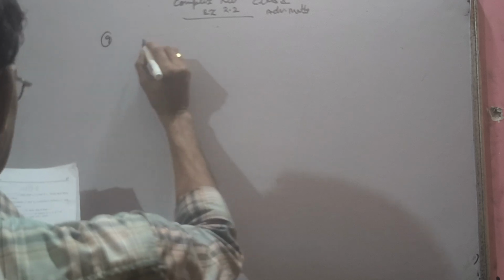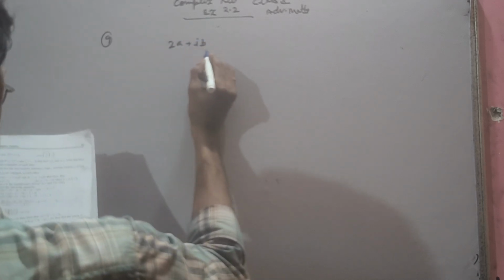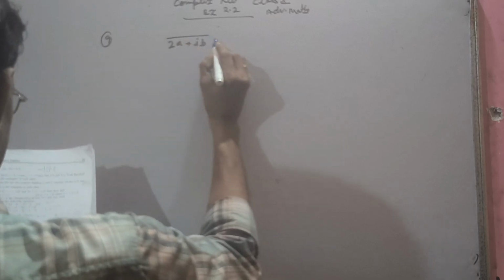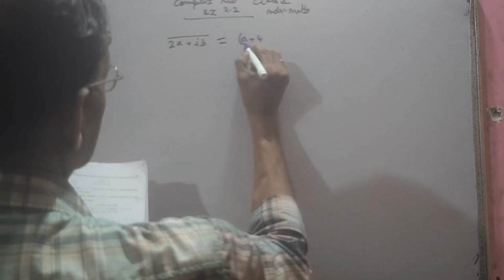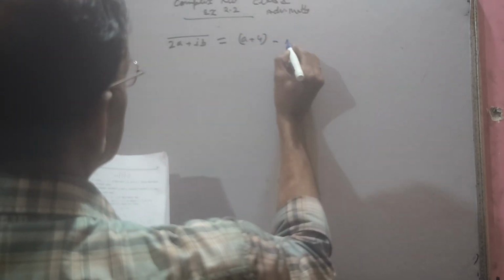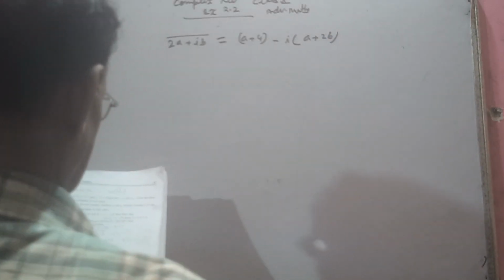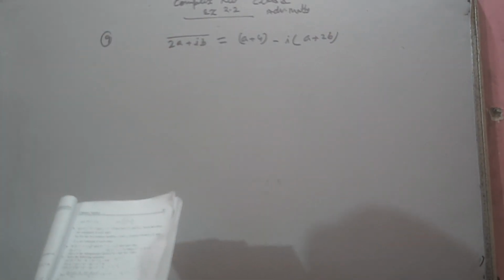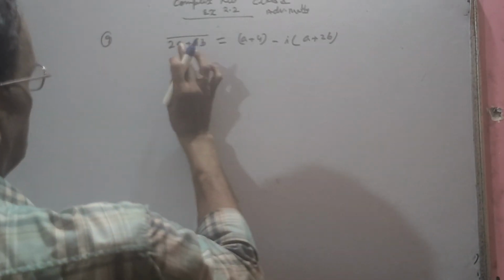What is given? Conjugate of 2a + ib. What is the conjugate of 2a + ib? In symbol you can write this: the conjugate equals (a + 4) − i(a + 2b). We need to find the values of a and b. Same thing only. What is the conjugate of a + ib? a − ib.